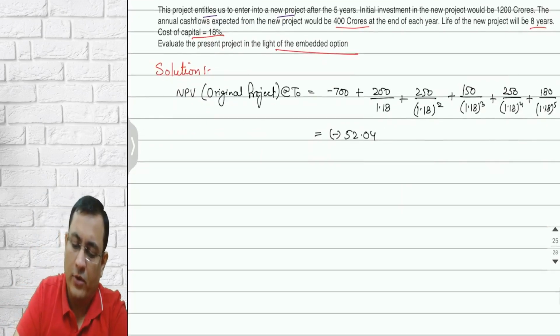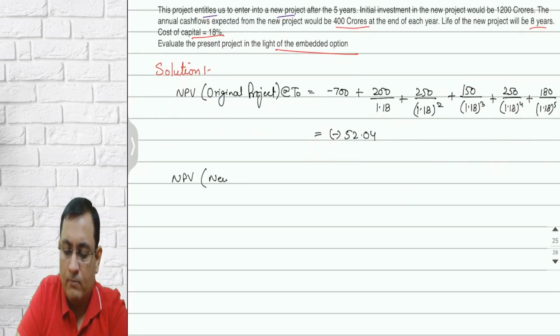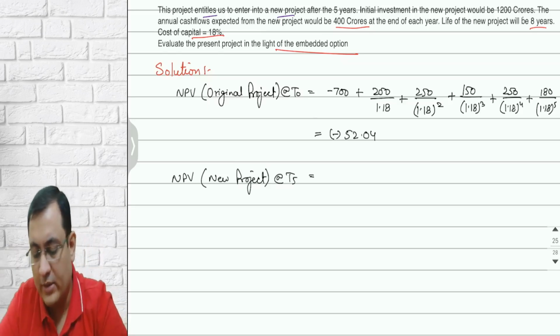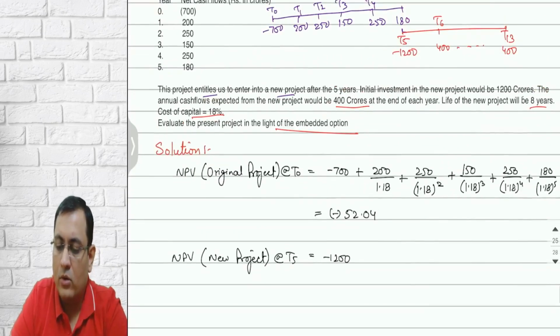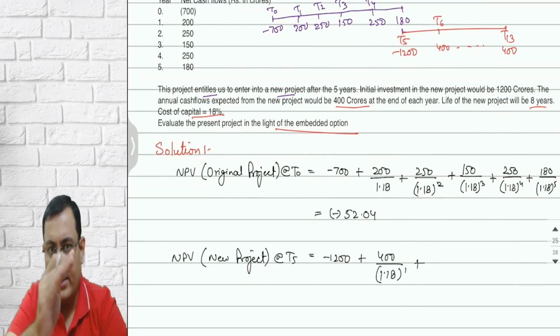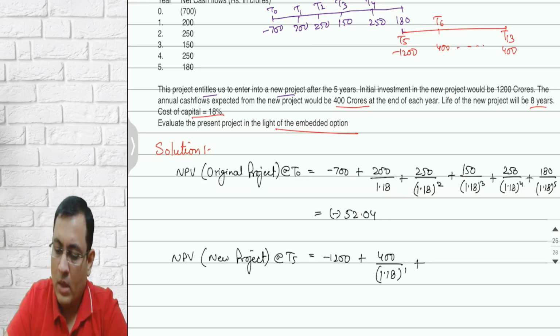But now let's go for the NPV of the new project, and this we are calculating at T5, the starting point of the new project. Initially it will have a negative 1200 crore plus 400 divided by 1.18 power 1, and we are bringing everything to T5 till the last, 400 divided by 1.18 power 8.